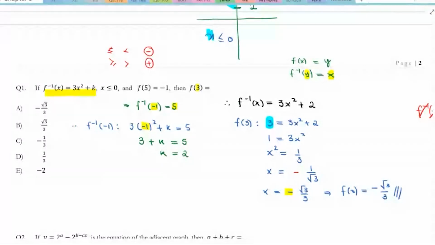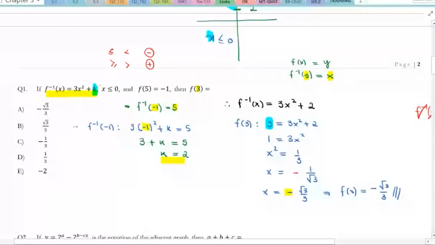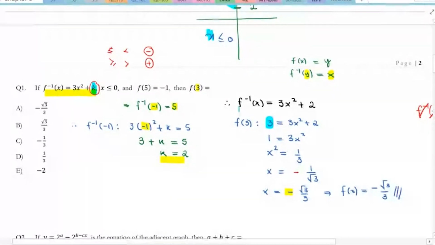So what did I do? I only find k here, and I remove this k, and I put k, which is equal to 2. So that is why you get the same thing, f inverse and f inverse. I just repeat it again. Okay, I got it. Thank you. It's clear, right? Okay.